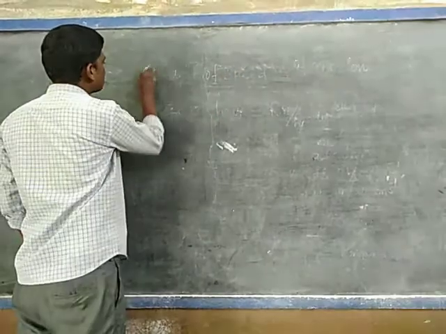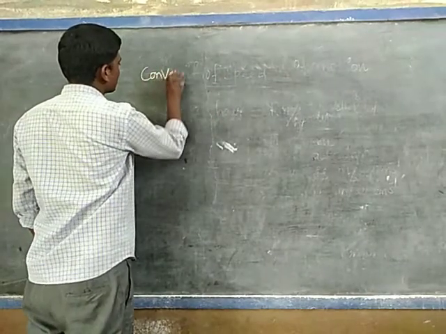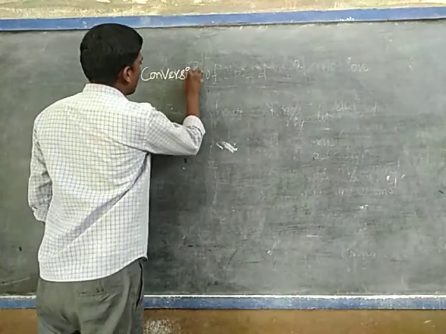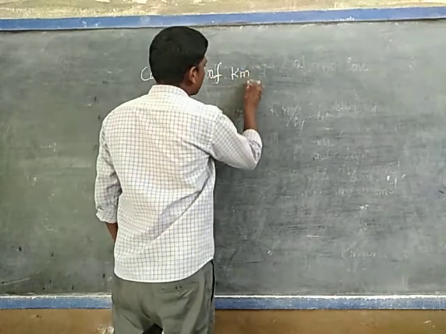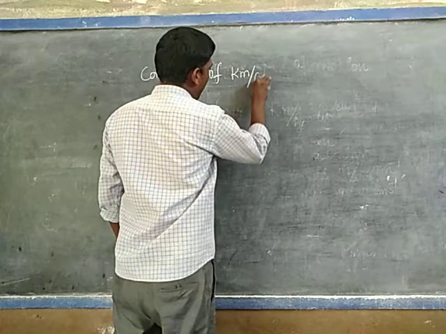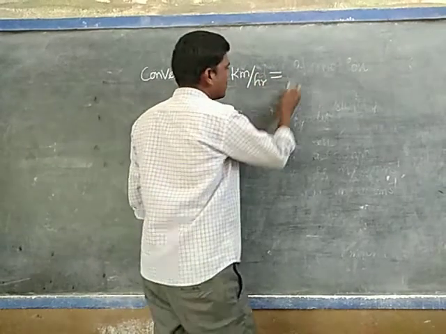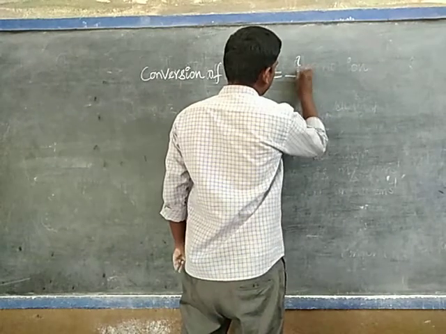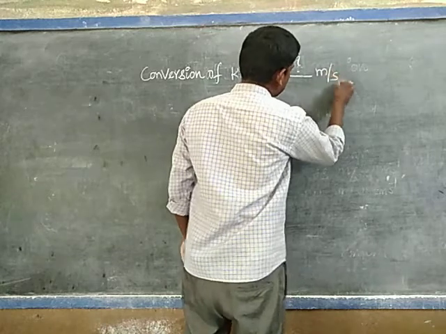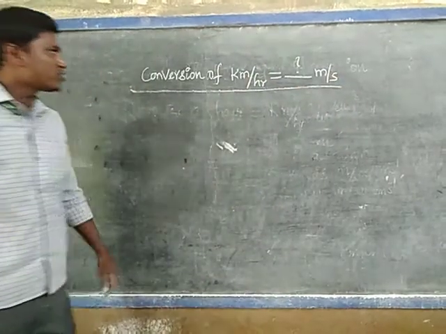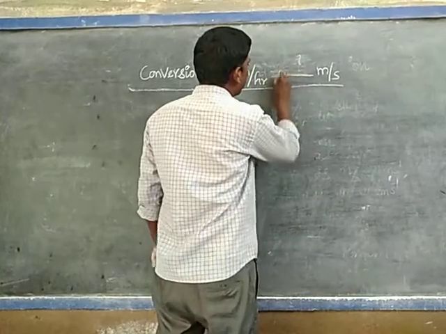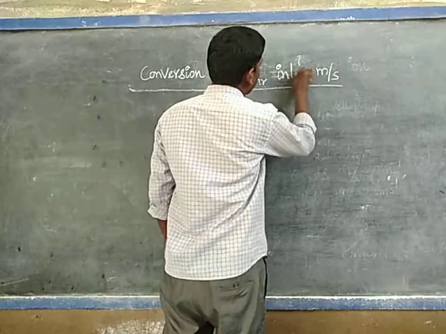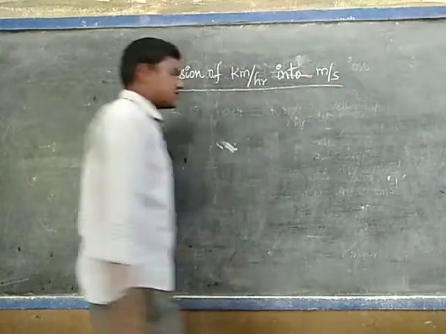First thing is conversion of kilometer per hour is equal to dash meters per second. This is our conversion of kilometer per hour, simply into meters per second.